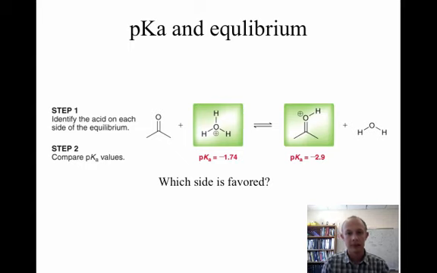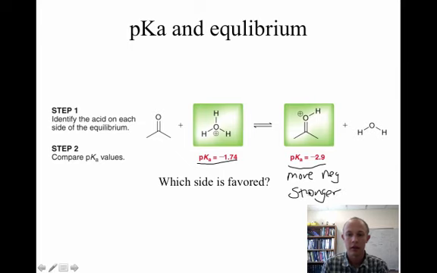What about in this case? Well, let's look here. We have a pKa of minus 1.74 and a pKa of minus 2.9. This one is more negative, which means it's a stronger acid. This is less negative. It's a weaker acid.